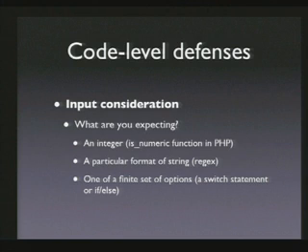Again, for a particular format of string, you would use some kind of regex to check against that. An example might be if the input is supposed to be somebody's last name, where there's going to be a certain number of characters, made up of alphabet characters, maybe a dash, maybe an apostrophe, possibly a space, but that's basically it.